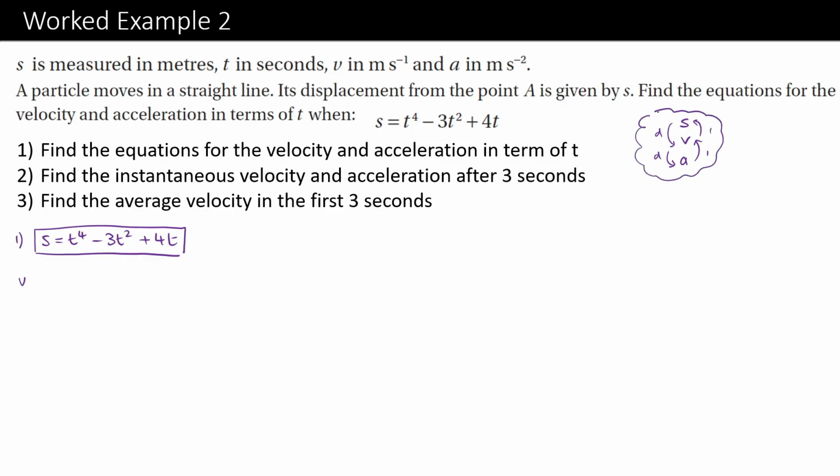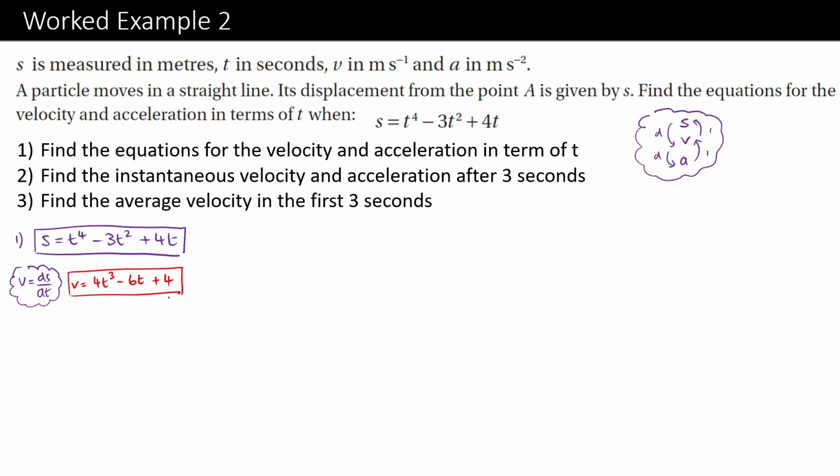Here, to find v, I need to differentiate s. So v equals ds over dt. Let's put that in a little bubble. And so here, I get v equals 4t cubed minus 6t plus 4.